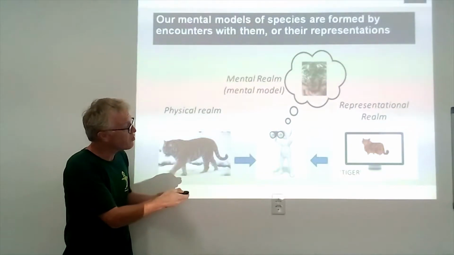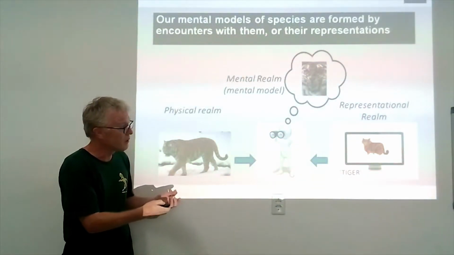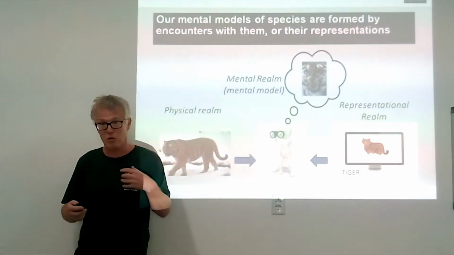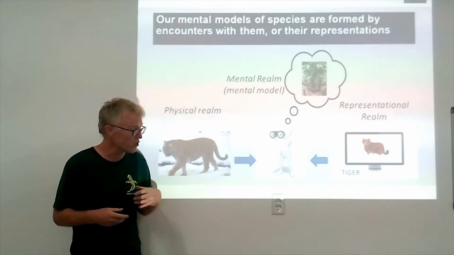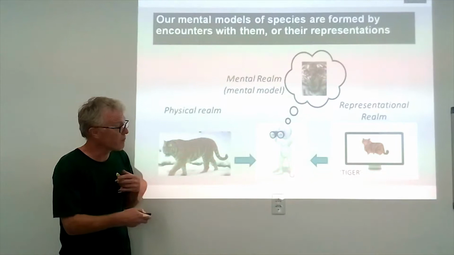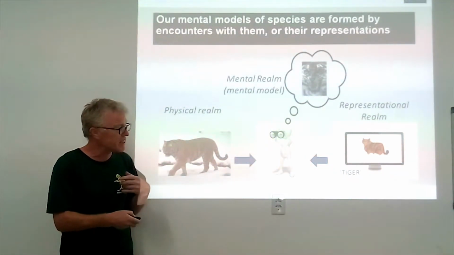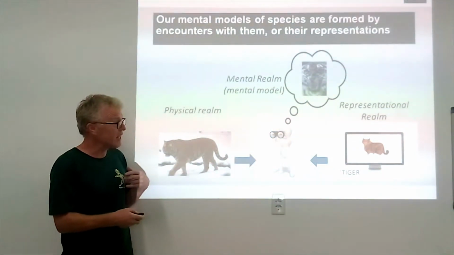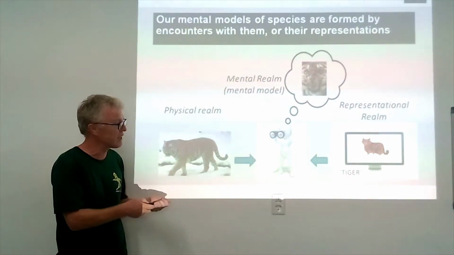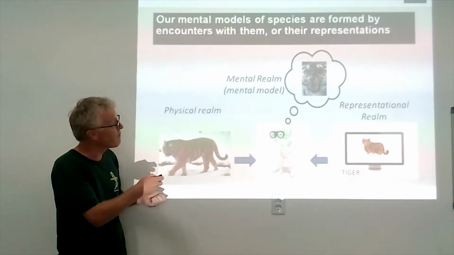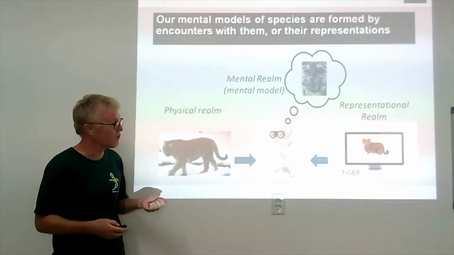So this representational realm is also the realm of digital representation. This is where culturomics comes along, where we can investigate the biogeography of species within the representational realm. And of course this also affects our mental models of species.